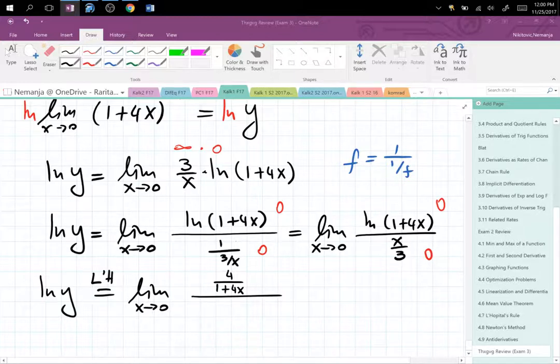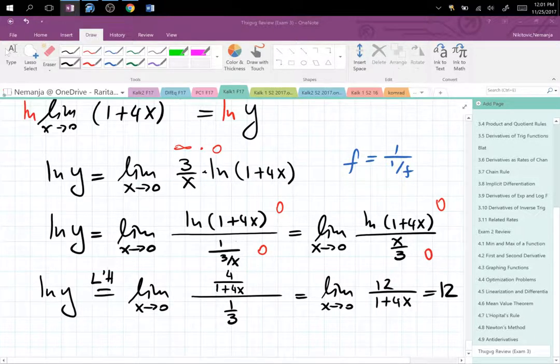And on the bottom, when we take the derivative, is just 1/3. Derivative of x is 1, so 1/3. And we simplify this, so it's going to be 12 over 1 plus 4x.